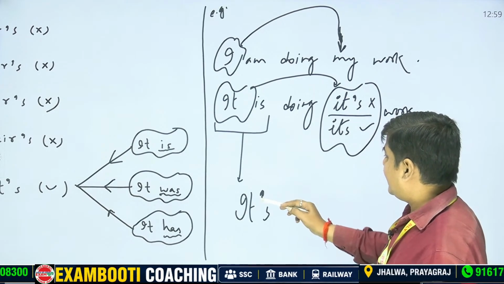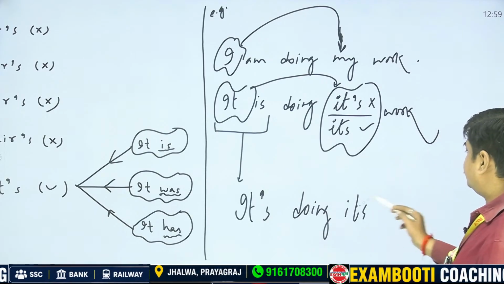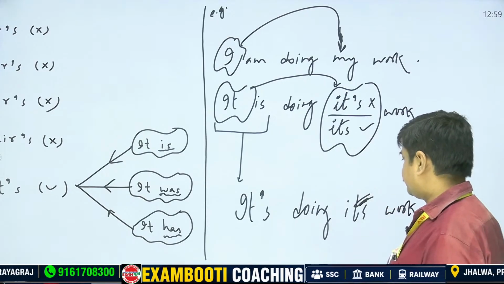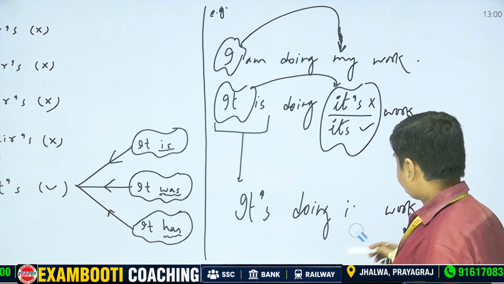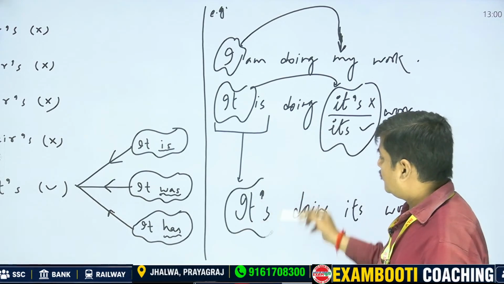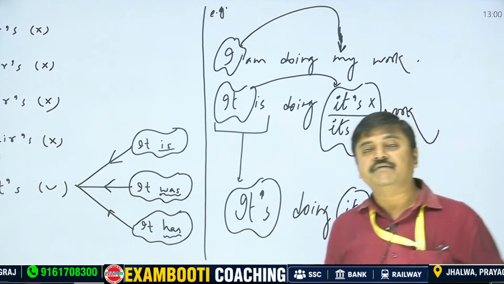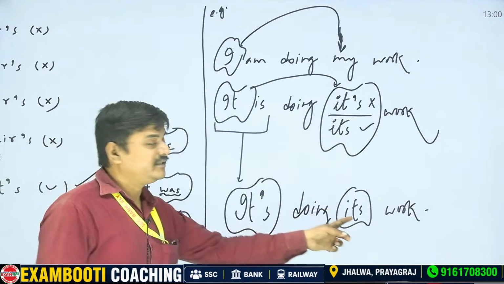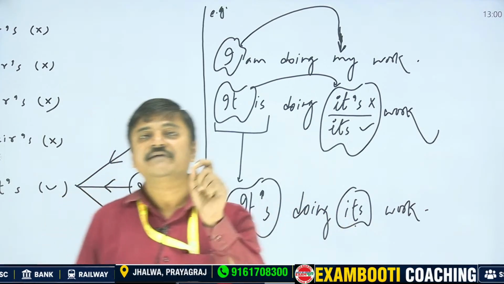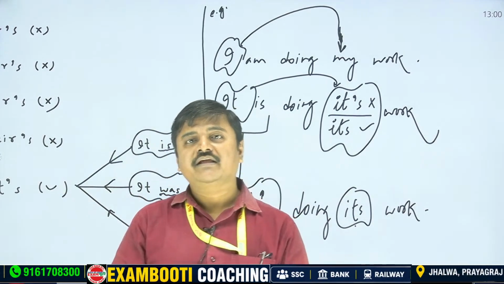So you can say it's doing its work. So they cannot be interchanged. This is the most important thing. You cannot write this it's here. Hope you now have a very clear picture of that.